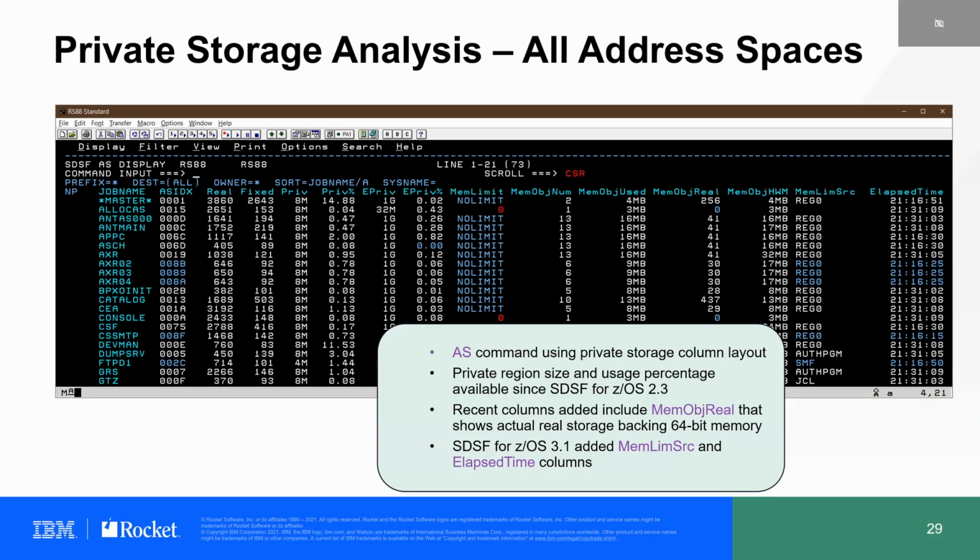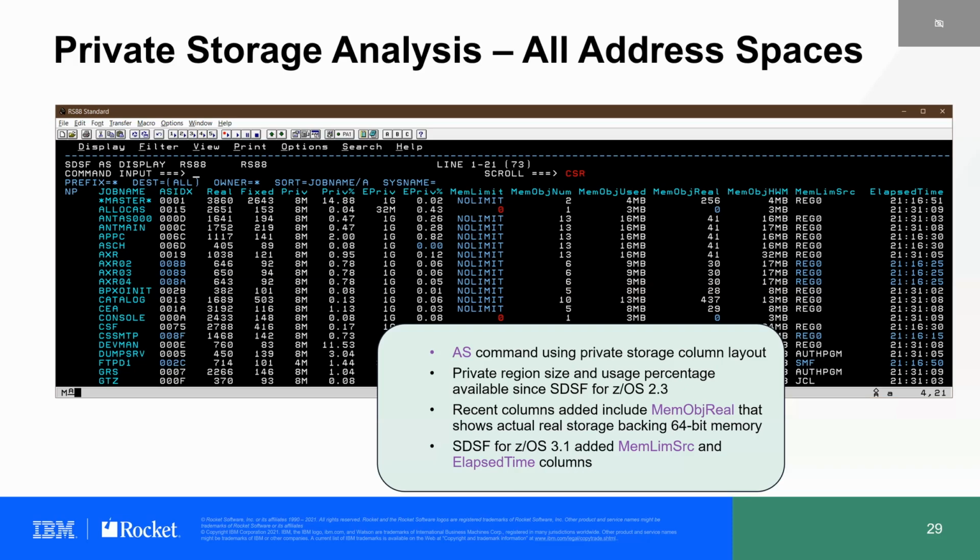When we first added AS, that was back in, I think, 2.2. There are some columns that weren't included because the functionality wasn't there in z/OS. But the good guys in Poughkeepsie added a control block called the LDAX, which enabled SDSF to get an idea of the private storage usage both above and below the line without having to go across memory into the address space.